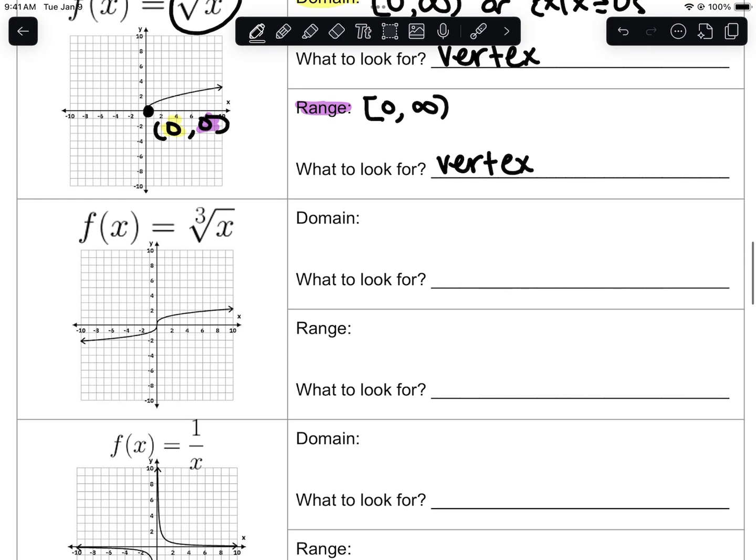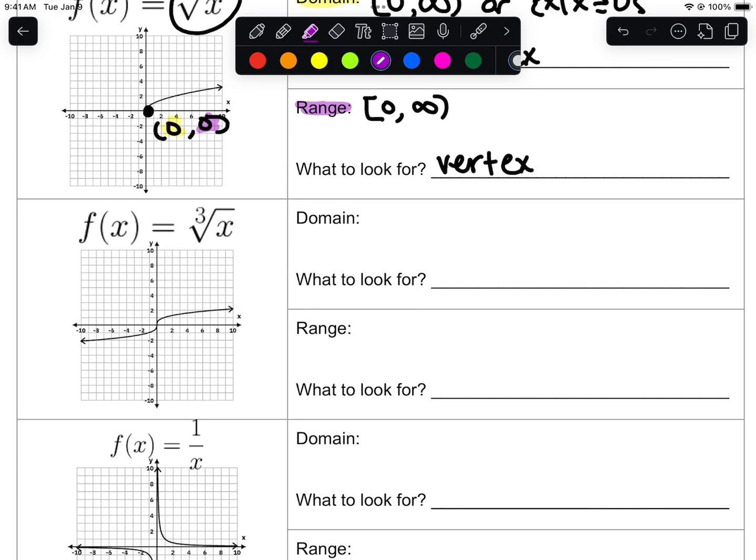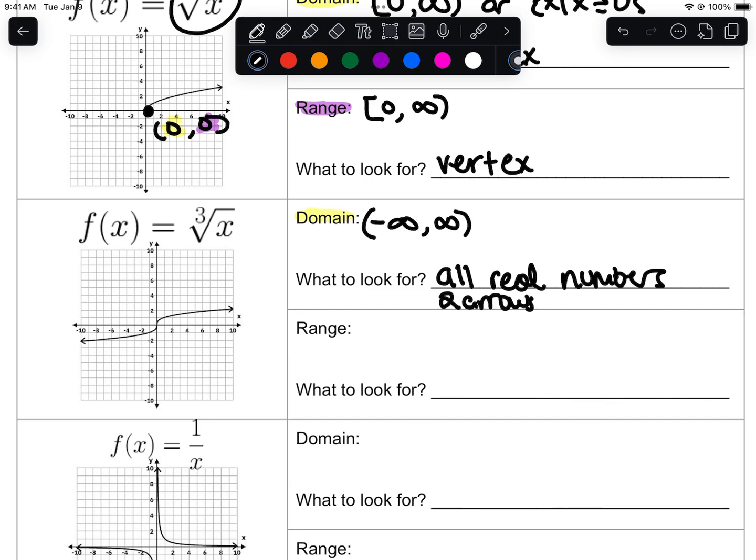All right, let's go to our cube root function. If I look at my domain, my set of x values, I go all the way to the left, I get an arrow, and all the way to the right, an arrow. This is all real numbers, negative infinity to infinity. What we're looking for is two arrows. This is also true for your range.